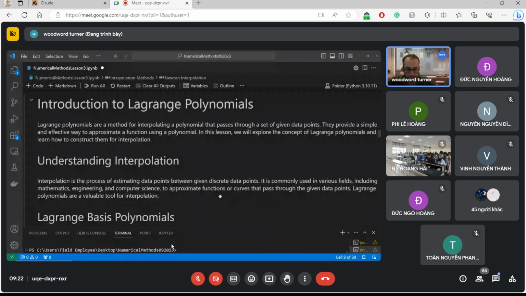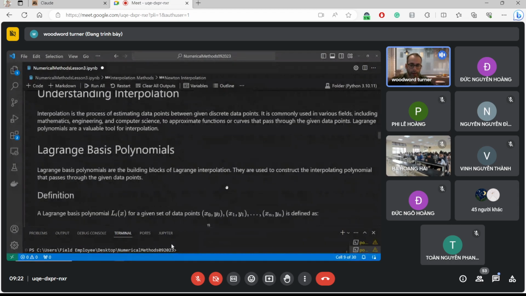Okay, so the first thing we should talk about are the Lagrange basis polynomials. These are the building blocks of Lagrange interpolation, and they're used to construct the actual interpolating polynomial that passes through a set of given data points.